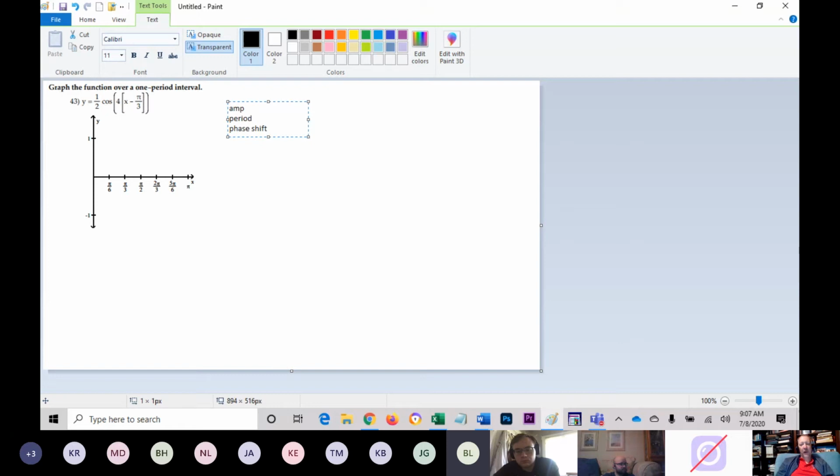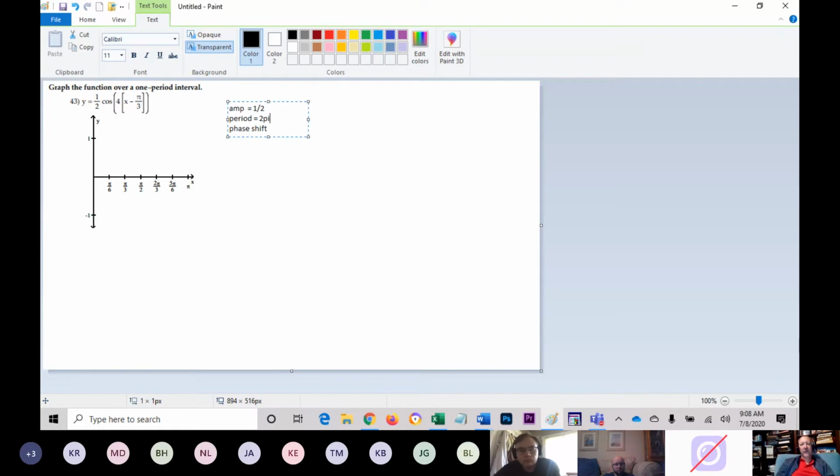What's your amplitude? The amplitude would be 1/2. Half. Period. The period would just be 2 pi, correct? No, it would be pi halves, I believe, because a normal cosine with no shifting, just the cosine of x, would be 2 pi.